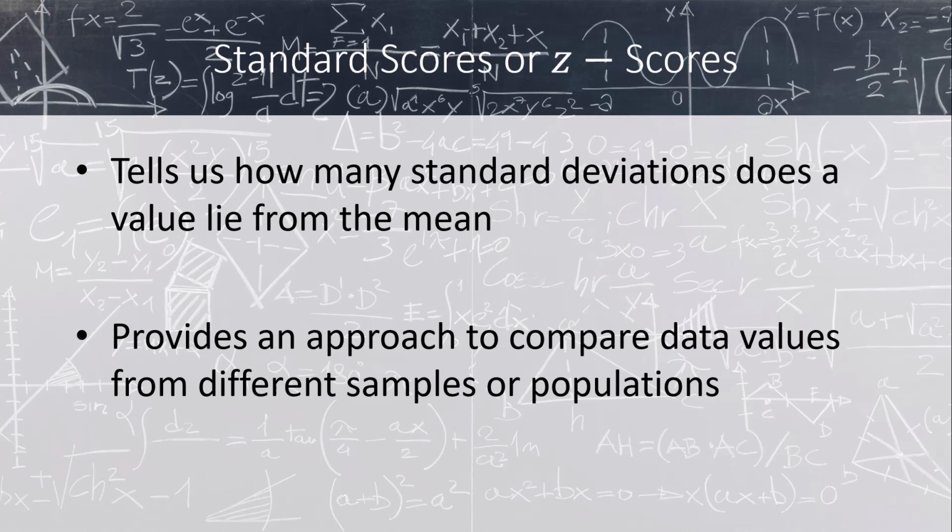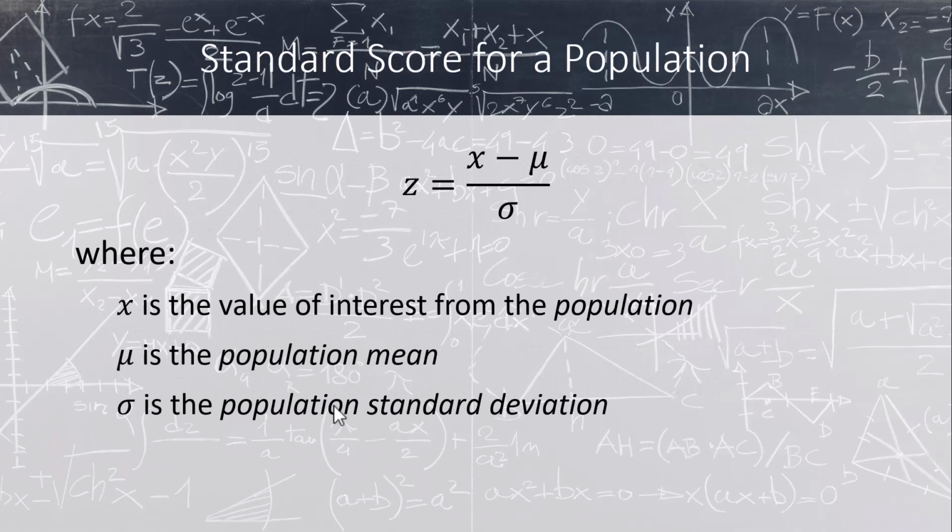Why is this useful? Well, because it provides you a way to normalize and compare data values from different samples or different populations by normalizing out the standard deviation and also normalizing out the mean. How do you do that? It's relatively straightforward. For a population where you know the population mean and the population standard deviation, you take your value, subtract the mean, and divide the result by the standard deviation.